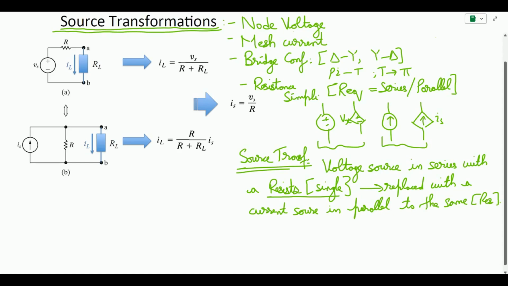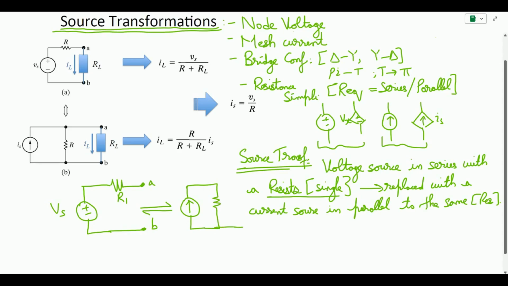What does it mean? For example, if I have a circuit where a voltage source V of S has a single resistor next to it in series, let me call this R1, and these are the terminals of the circuit, A and B. I can transform this source into a similar source of current nature, and the same resistor is now in parallel with this current source.